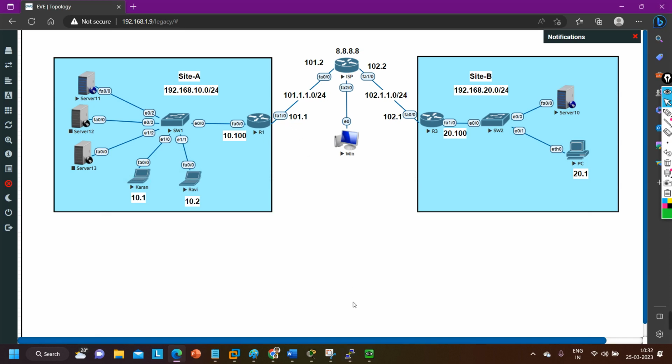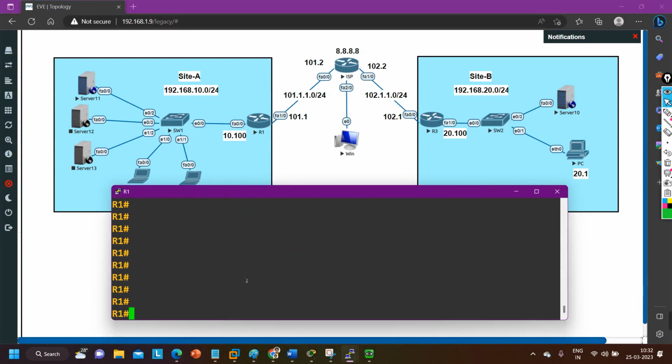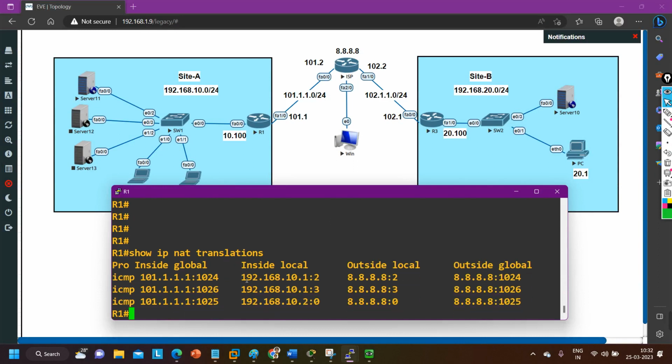Okay, and now on router number 1 let me show you NAT translation. See, this is the IP address of the current computer and the public IP address is this one. This is the IP address of Ruby and the public IP address is the same. Yes or no? Because now it is translating with the help of port number.